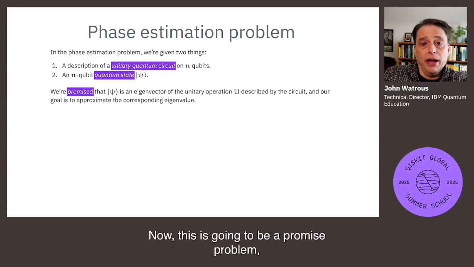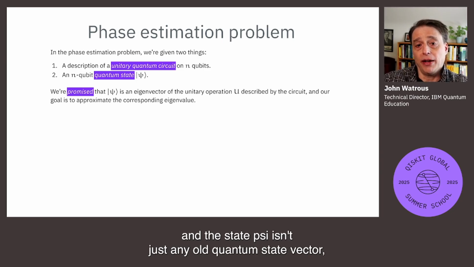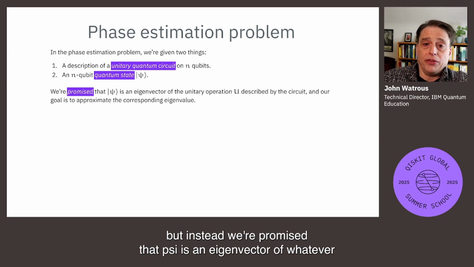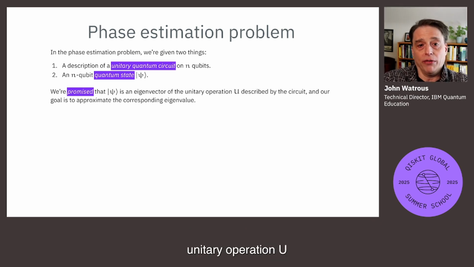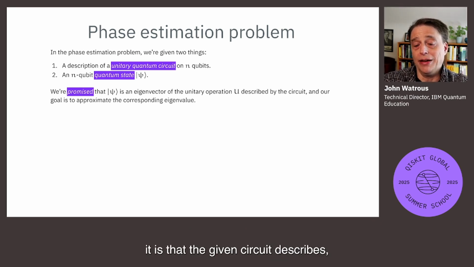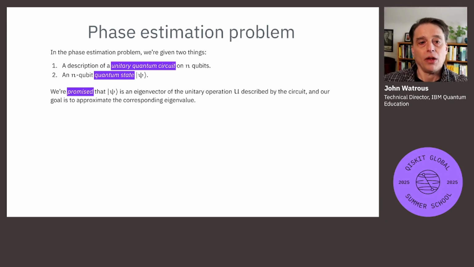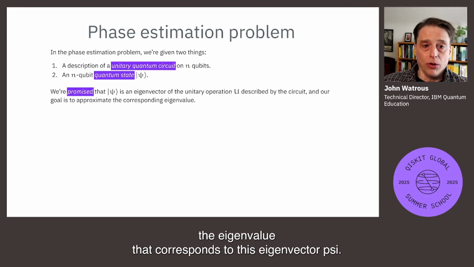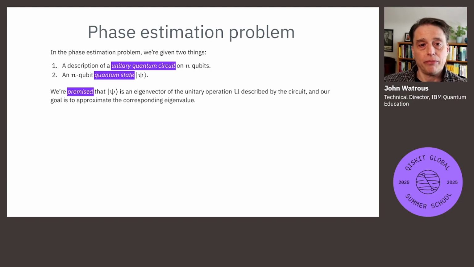Now, this is going to be a promise problem, and the state psi isn't just any old quantum state vector, but instead we're promised that psi is an eigenvector of whatever unitary operation U it is that the given circuit describes. And the goal is to find or to approximate the eigenvalue that corresponds to this eigenvector psi.